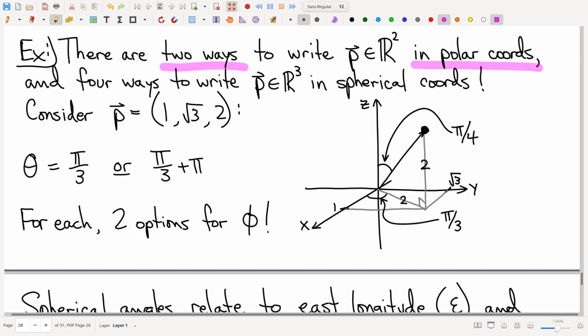But aside from the obvious, there are two non-obviously identical ways to write points in polar coordinates. Well, that's because there's one angle that can be either exactly right or exactly wrong. Spherical coordinates has two angles, and therefore there are 4 ways to write a point in spherical coordinates.